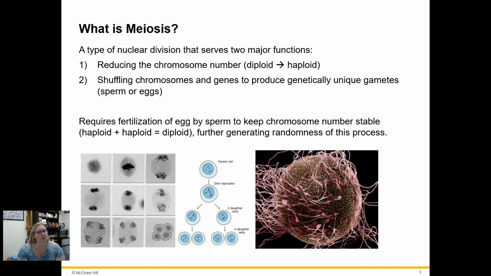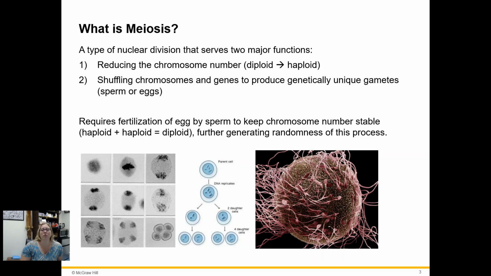And identical twins are a little different because they're formed by the splitting of the cells early in development, and we'll talk about it a little bit. But when an egg is fertilized by a sperm, okay, every single event is completely random. And so meiosis reduces the number of chromosomes, creates 4 unique cells that we call gametes that can then recombine through fertilization to generate a new individual who is genetically unique from anything else.